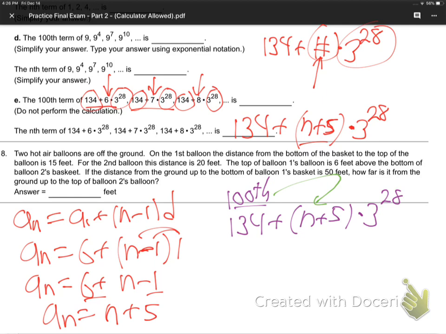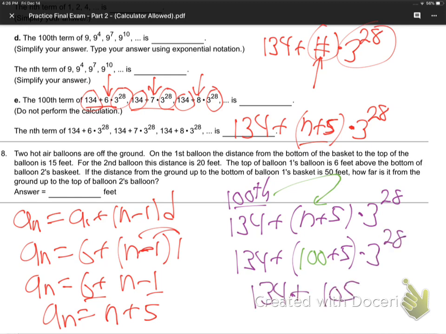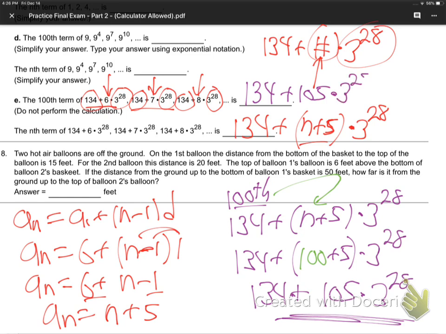And so you get 134 plus 100 plus 5 times 3 to the 28th, which is 134 plus 105 times 3 to the 28th. There it is, the 100th term. That goes right here, 134 plus 105 times 3 to the 28th.